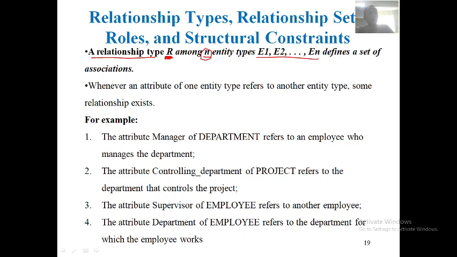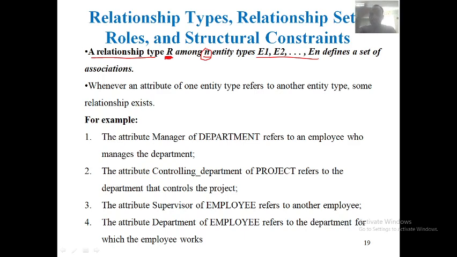Whenever an attribute of one entity type, here department, with the attribute manager SSN, refers to another entity type, the employee entity type, then there exists a relationship. What is that? Employee manages department.